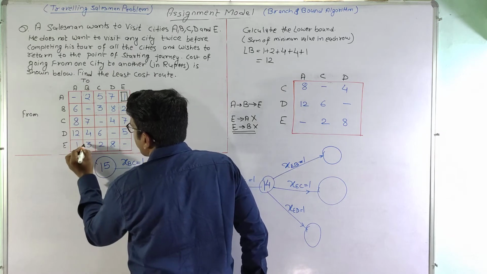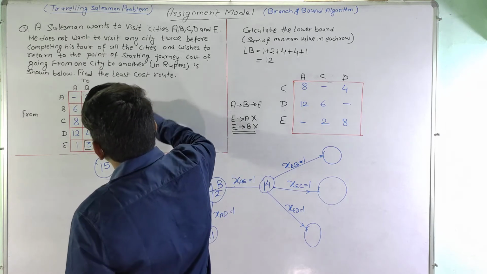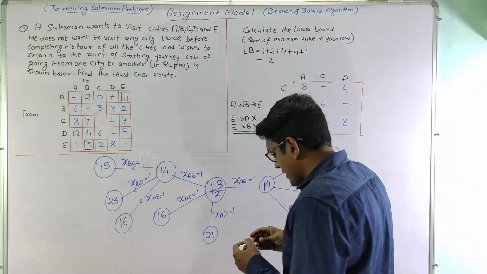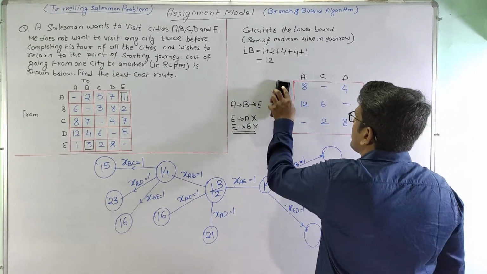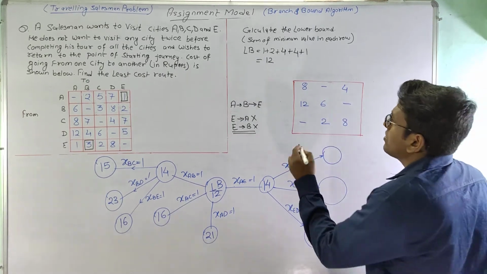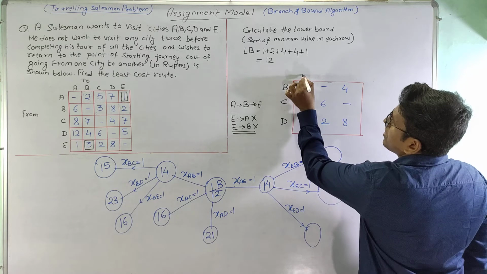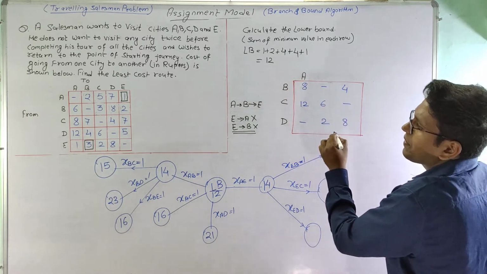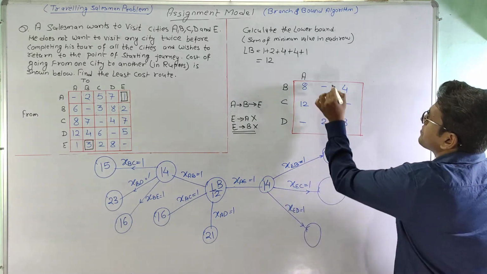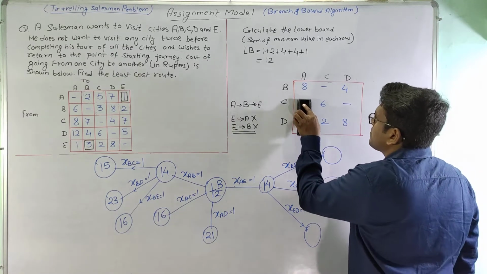That means if this cell is assigned, now no more assignment can be done in row A and row E. Similarly, no more assignment can be done in column B and column E. So our matrix will now be reduced from B, C and D to A, C and D. Now let us write the values here.